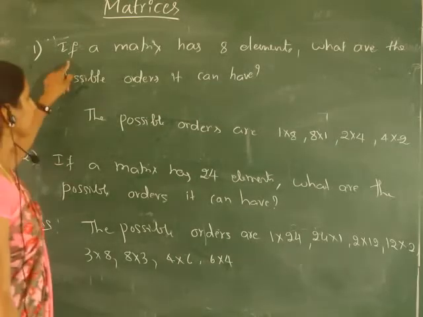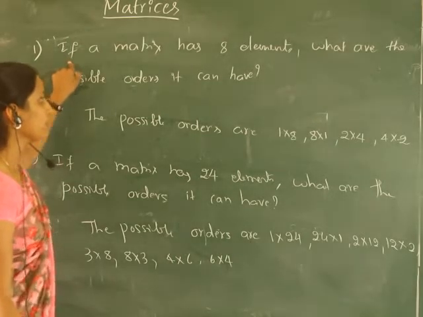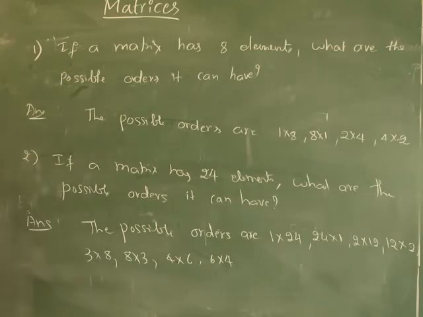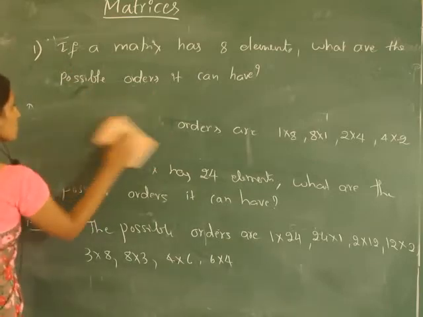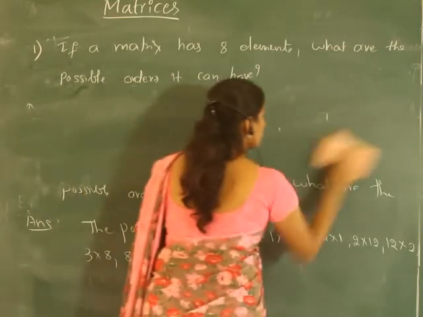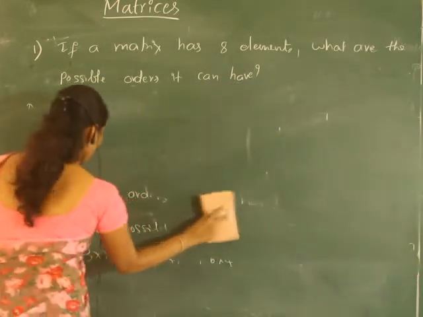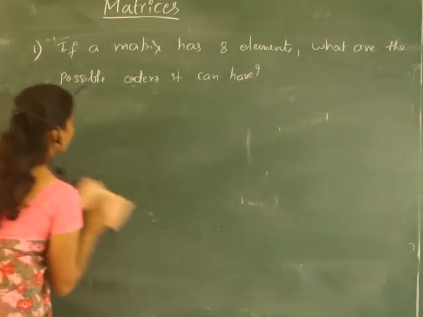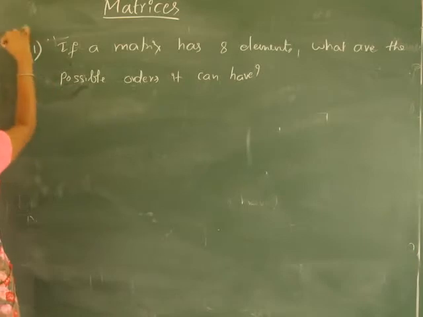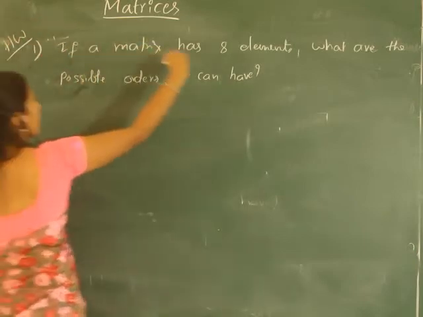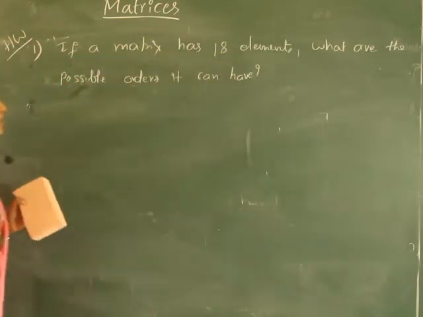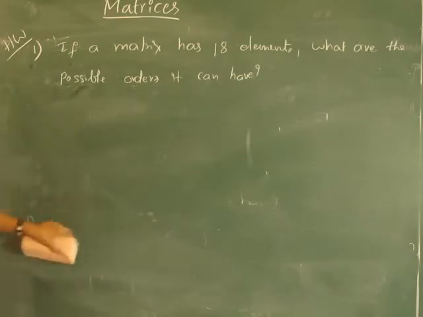The homework will be: if a matrix has 18 elements, what are the possible orders it can have? Write that down, copy that.